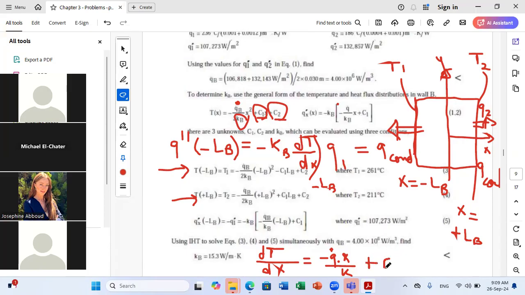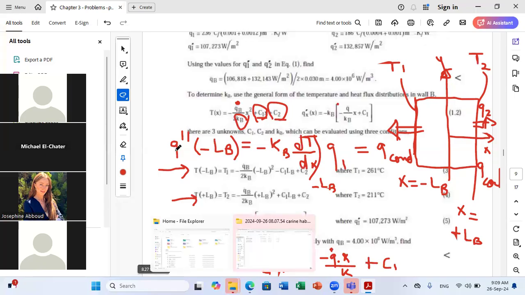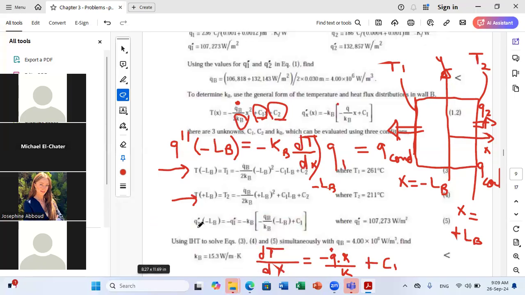Okay? So now I can apply this equation at minus LB and at plus LB. So I can write that Q second at minus LB is minus KB times the derivative of T with respect to x, and I replace now x by minus LB as I did here, okay? Here, it's enough to write 1 equation because I only have 3 unknowns.